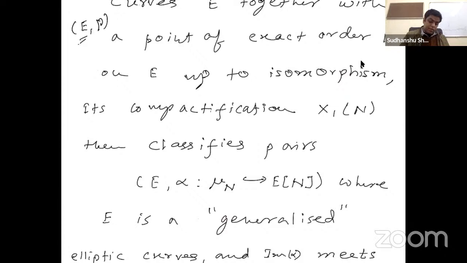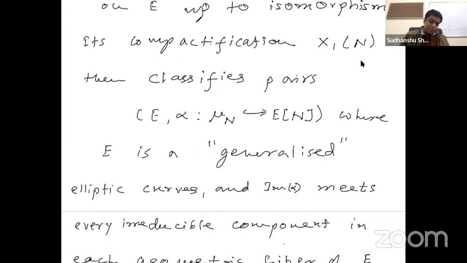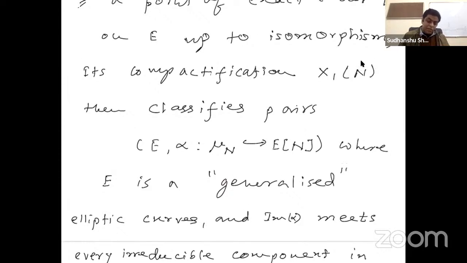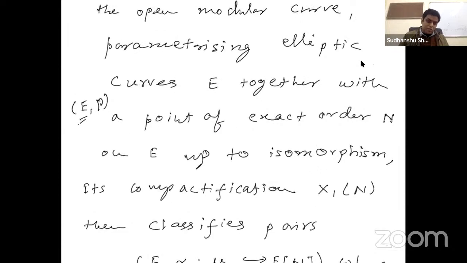And its compactification X_1(N) then classifies pairs, not just E and a point P of order n, but with some additional properties. X_1(N) is a compactification of Y_1(N), so all the points of Y_1(N) are here, all the elliptic curves.